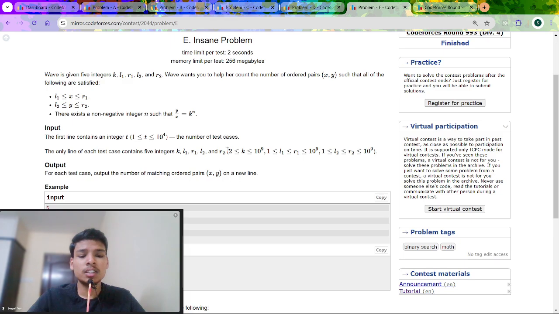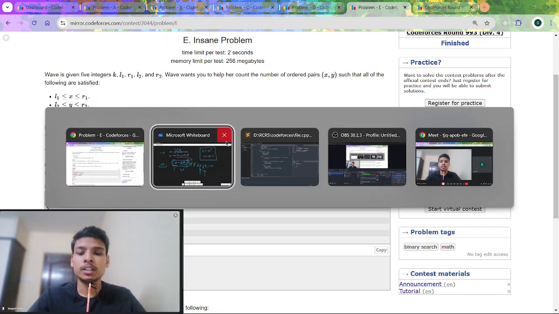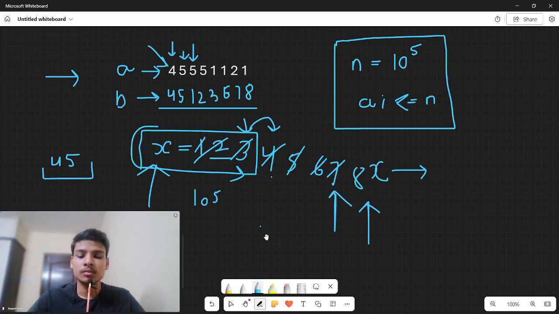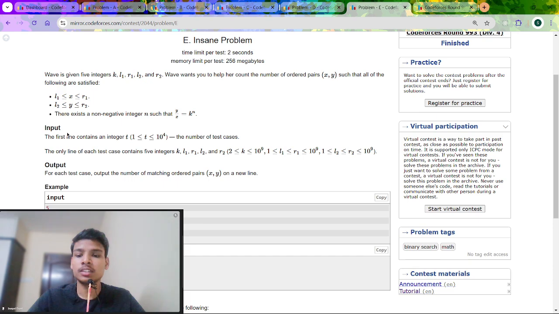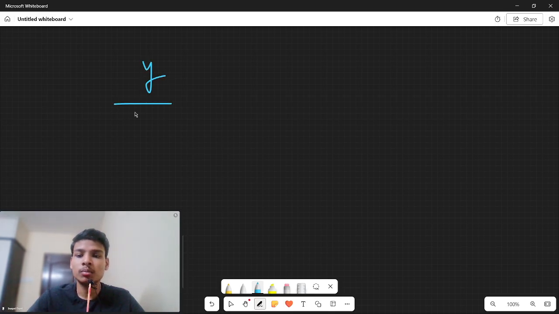I think this is a pretty simple problem, but why? I'll tell you why. You have to just modify the condition. That's it. And I'll tell you one more catch. For example, this is given to you: L1, R1, L2, R2. This is the condition that y divided by x should be of the form k to the power n, right?